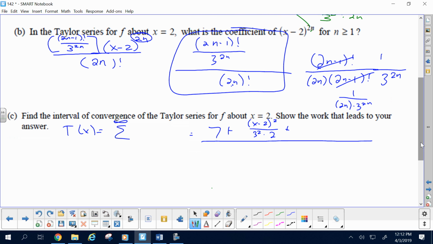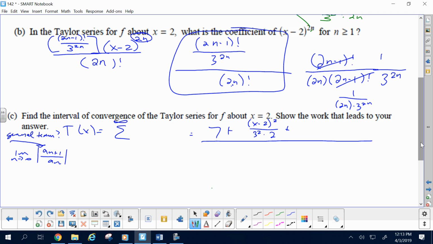The ratio test is what you use for interval of convergence, but you can't use the ratio test until you actually have a general term. This whole thing is predicated on you knowing the general term. Right? So if I were to write the general term here, let's go there first.